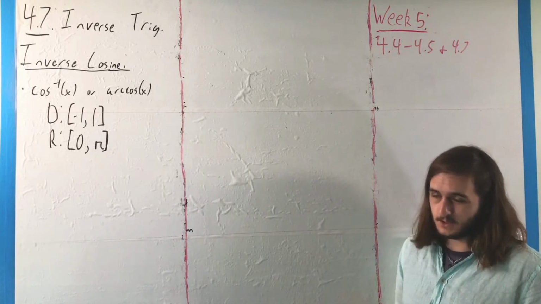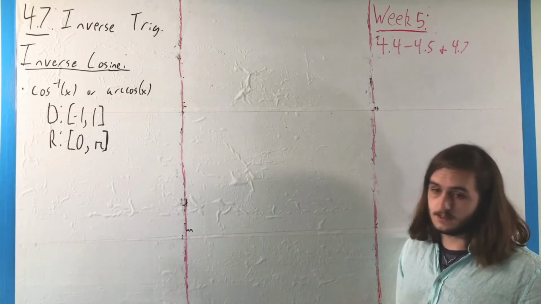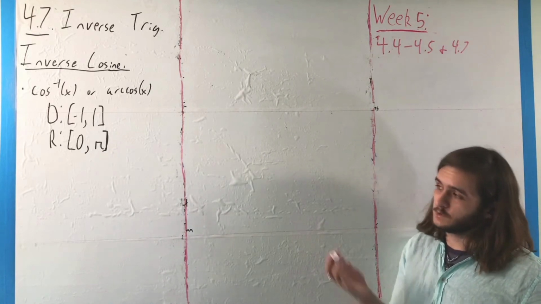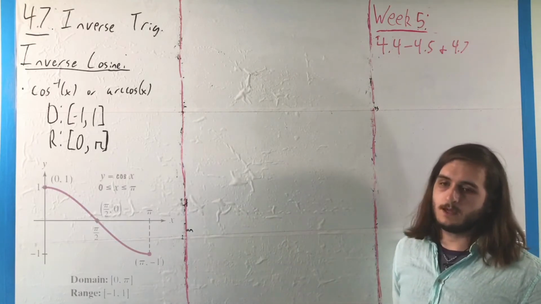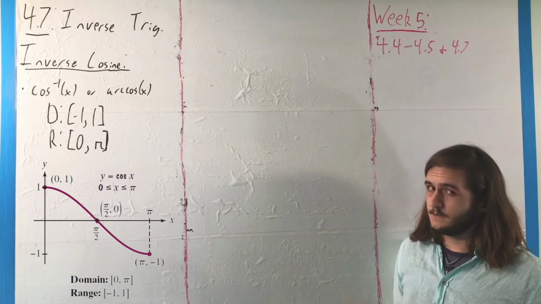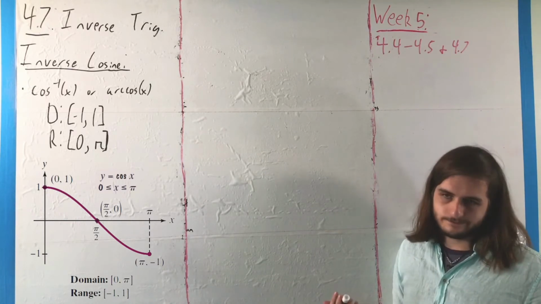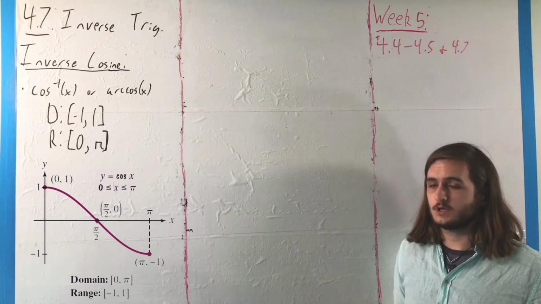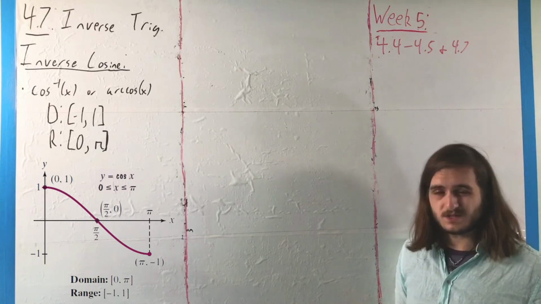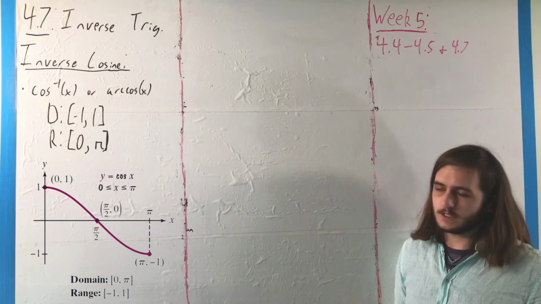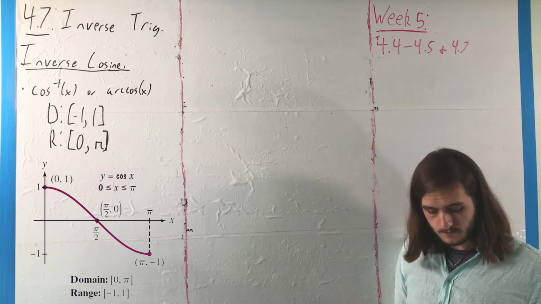But anyway, for cosine, we have much the same construction, much the same central issue, as cosine has basically the same periodicity as sine. That is, it's very much not one-to-one, so we're going to restrict it now to the domain 0 to pi instead of negative pi halves to pi halves. I think this is so that we have the cleanest picture that goes the range from negative 1 to 1, but again, the choice is somewhat arbitrary.